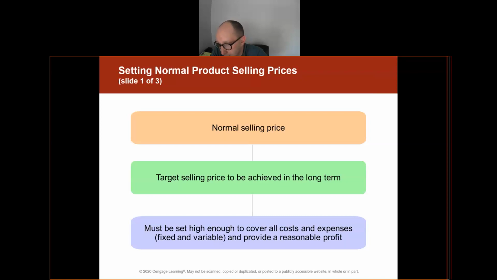What is the average price of this? And then we look at, very important that we look at this, what are our current fixed and variable costs, and can I reasonably cover them to provide a reasonable profit? In other words, we need to set the sales price high enough to cover all of our costs.